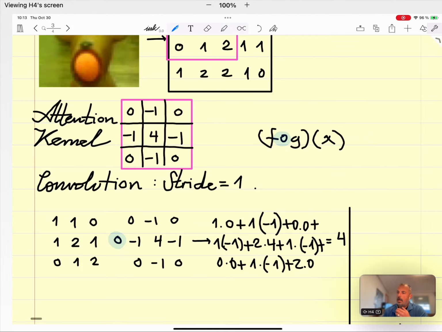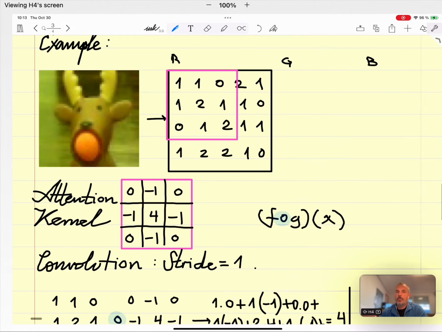All right, so now pay attention. Is this clear? Yes? So now we move the window, and this is convolution. This is stride number 1. We move the window 1 element, 1 pixel. That's why it's stride number 1.